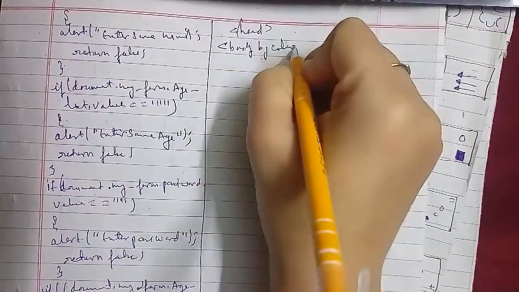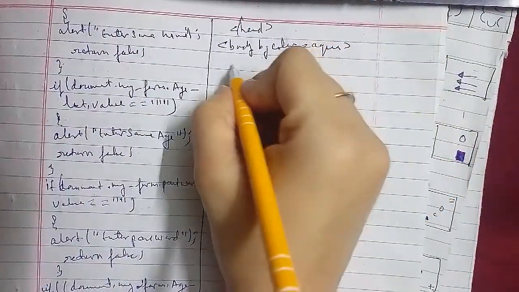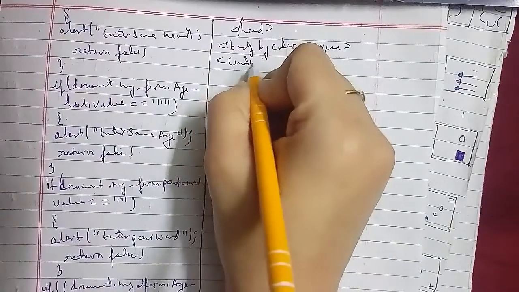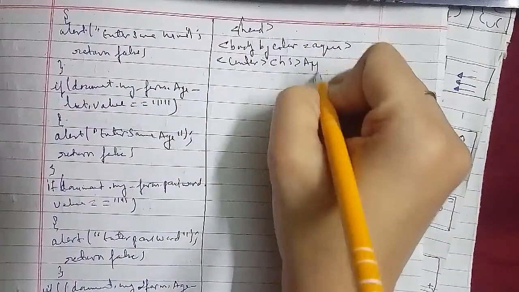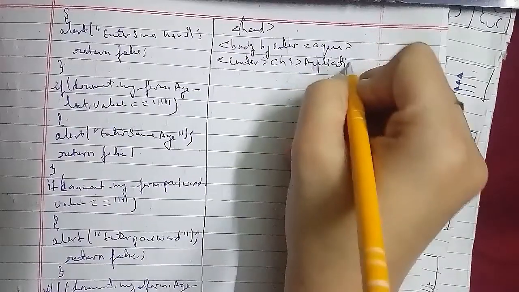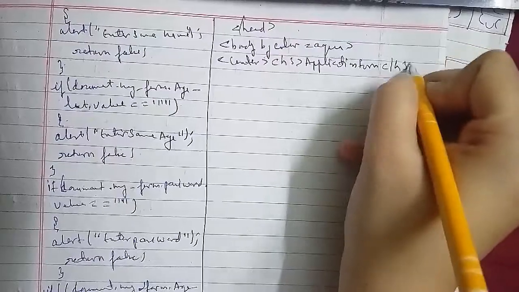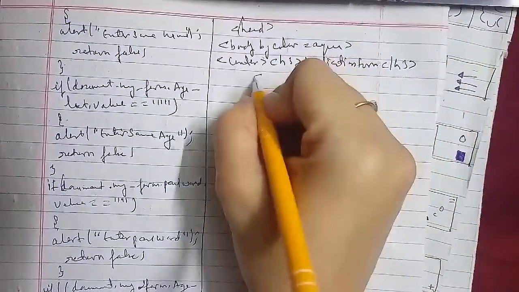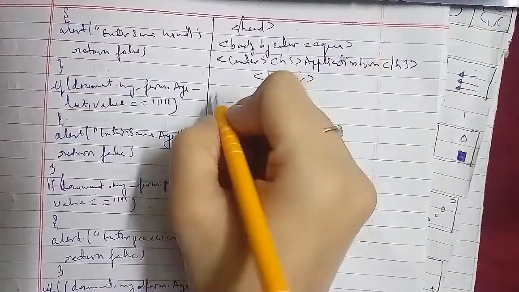We'll just write it down as I told you about this in detail in the last classes. You can go through that if you have not. 1 2 3 4 5 6 7 8 9 and last is 10. Then we'll end with the strong tag and close the closing tag as well.